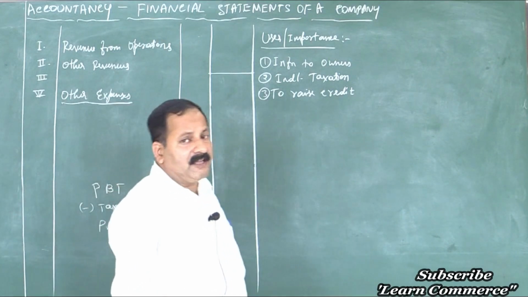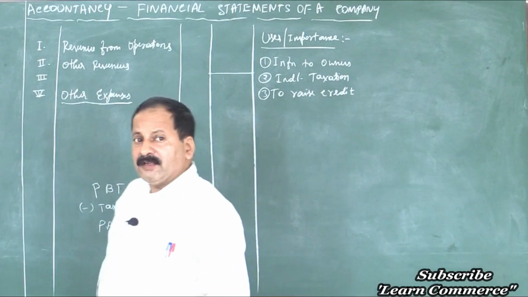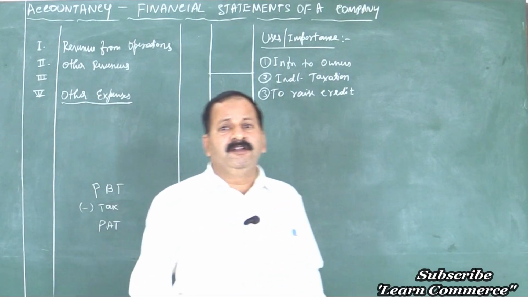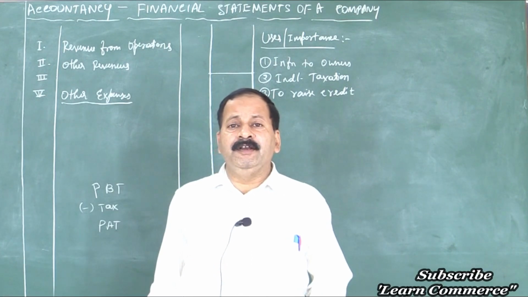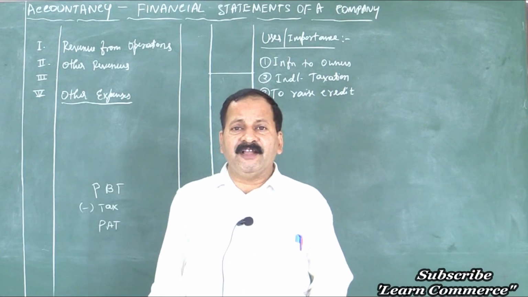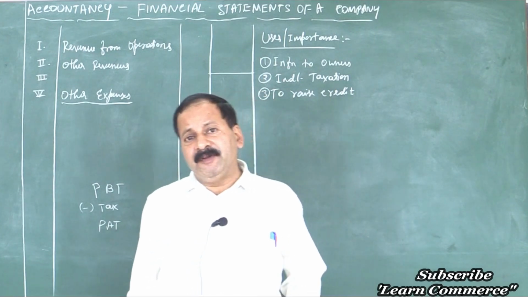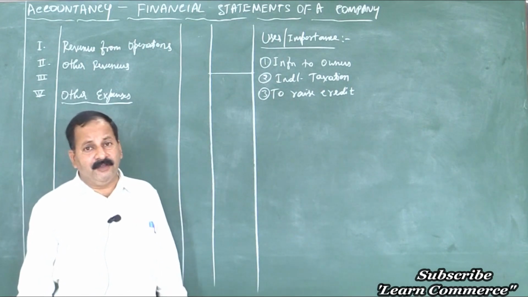To raise credit, in the case of companies also, the same thing holds good. The banker or the financial institution will ask for their financial statements, because they have to prepare the annual return, isn't it? For corporate taxation, financial statements are very much required. Final accounts are submitted to the registrar of companies, isn't it?